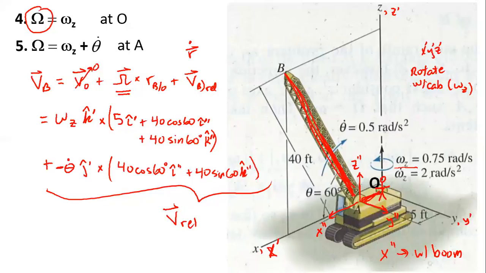So how am I going to use that in my acceleration? Will that have to go somewhere in my acceleration equation? Yeah, that's going to go into the Coriolis part.